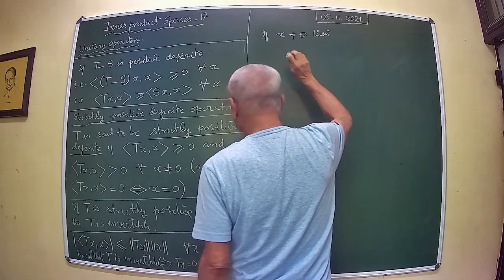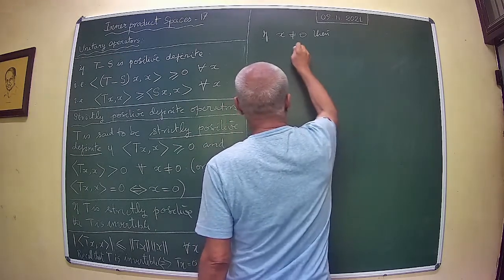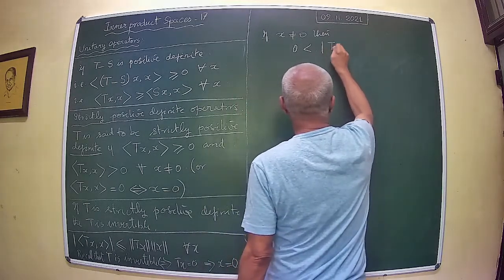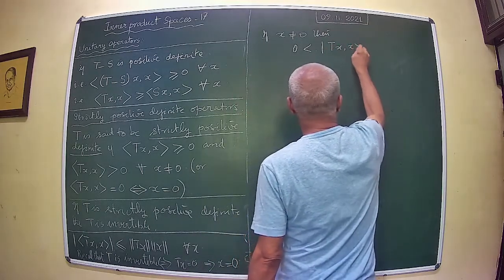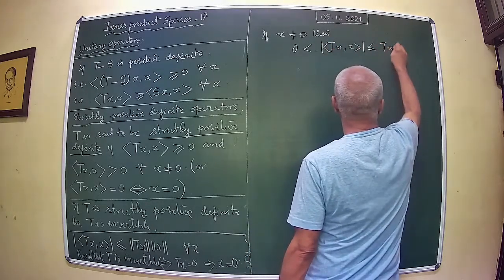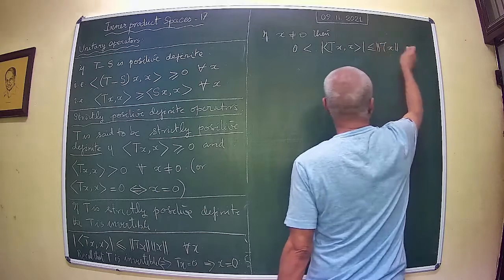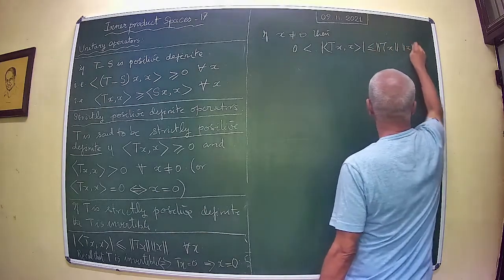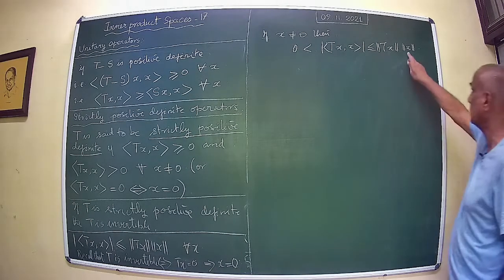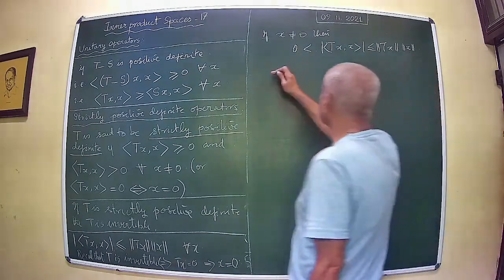We have 0 is less than the inner product of Tx, x, which is at most the norm of Tx times the norm of x. This is what you get. Therefore, x not equal to 0 implies norm of x is not equal to 0.